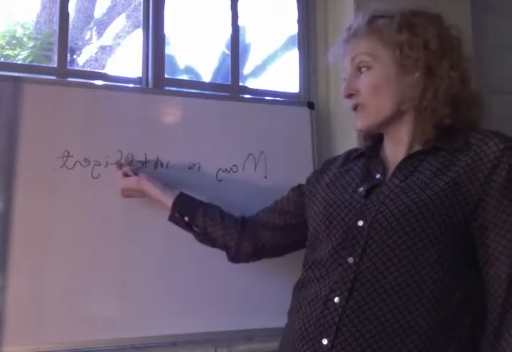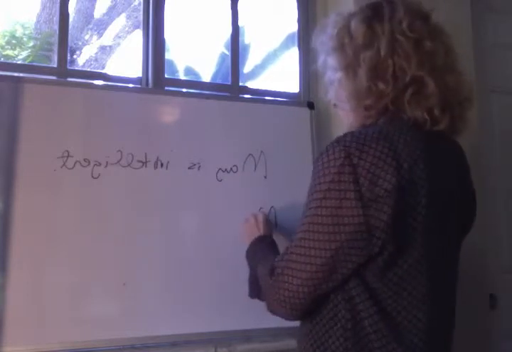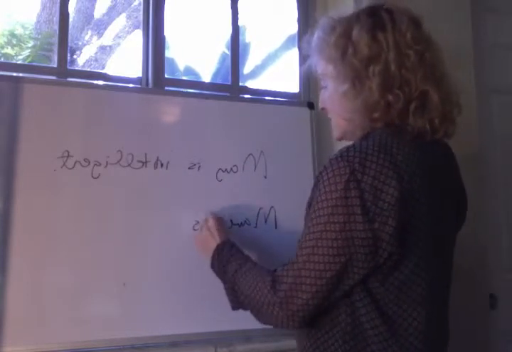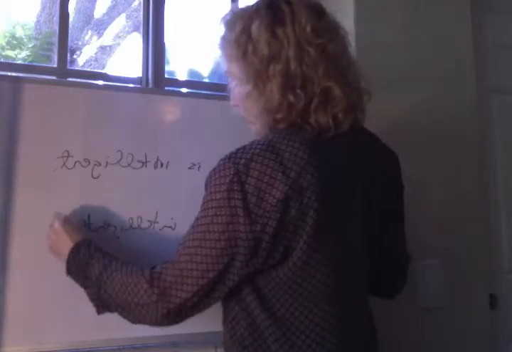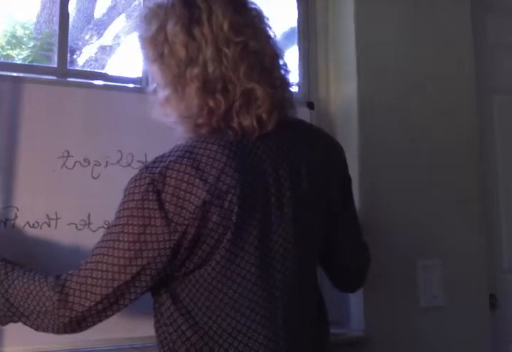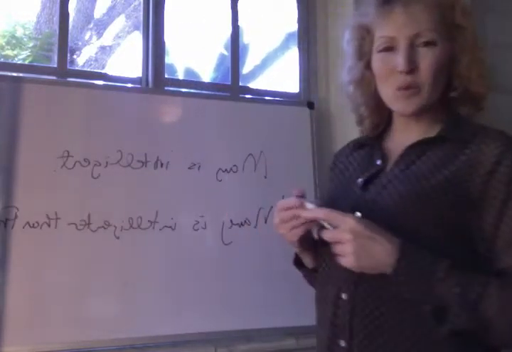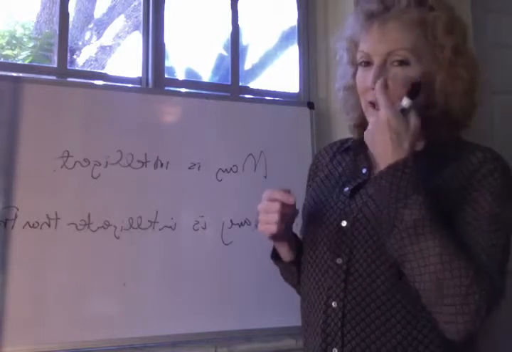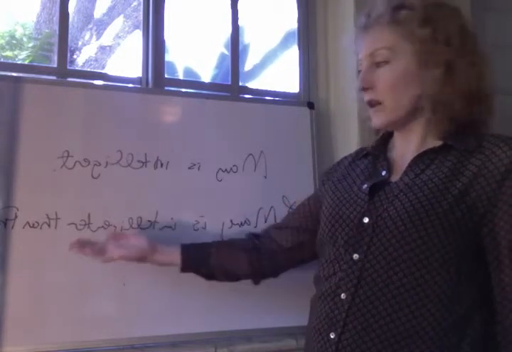So therefore, it's functioning as if it's an adjective. So if you say Mary is intelligenter than Francis. Now this is a really weird sentence, right? We can't say Mary is intelligenter than Francis.